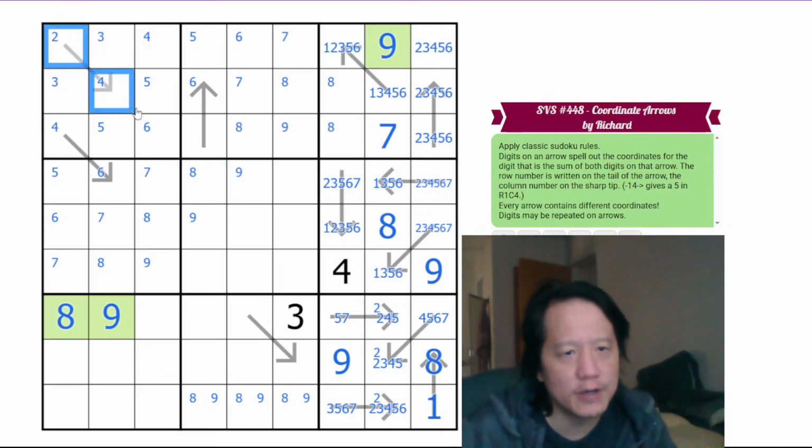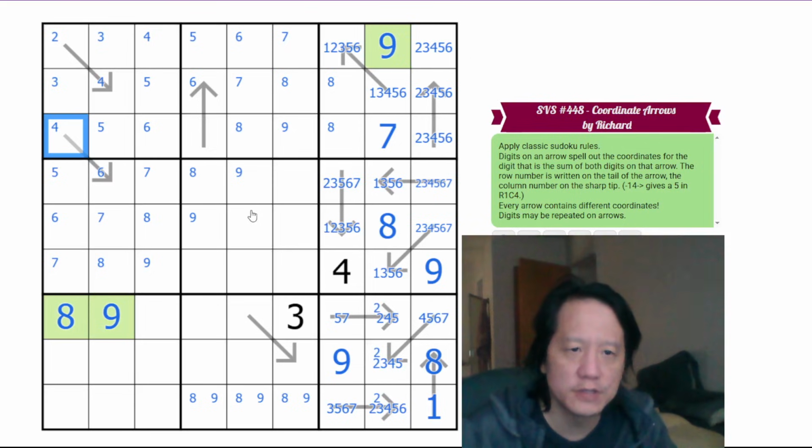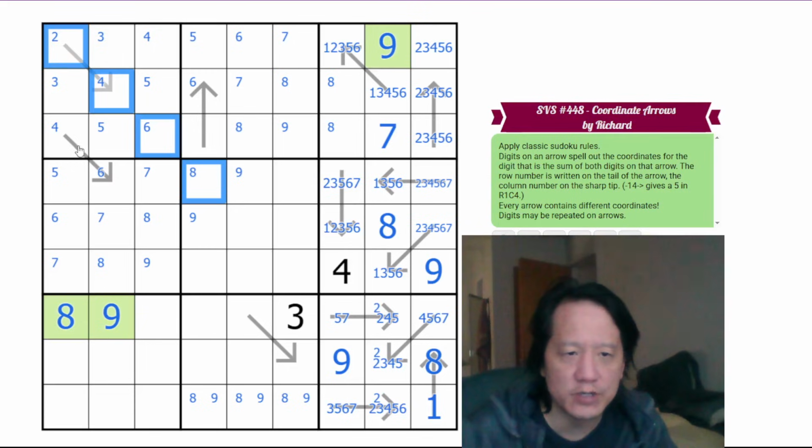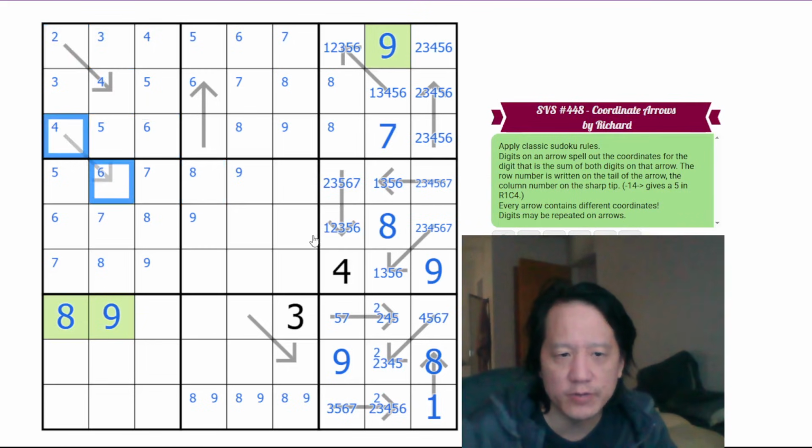So only one out of these set can be, but the thing is you could have a different 4 here. Okay, so let's count. This is one possibility because we only have one arrow which can be that way. Everything else is in the same box.